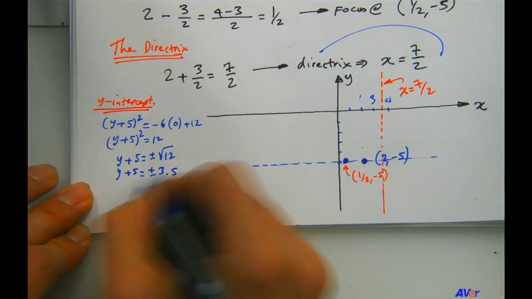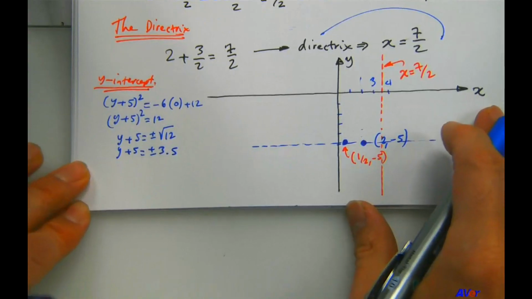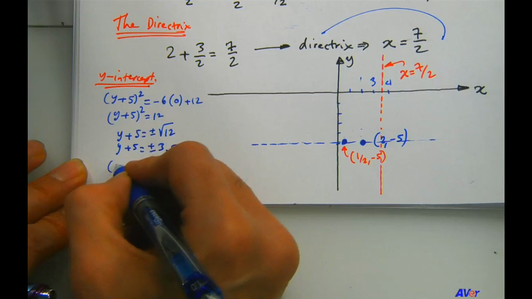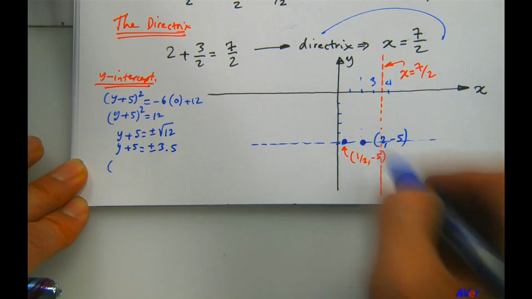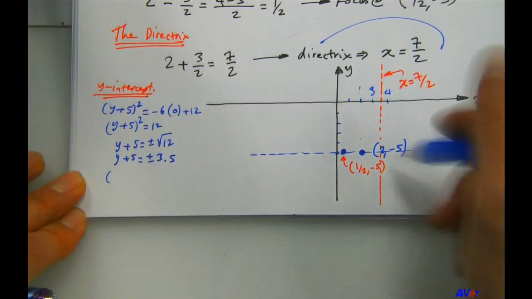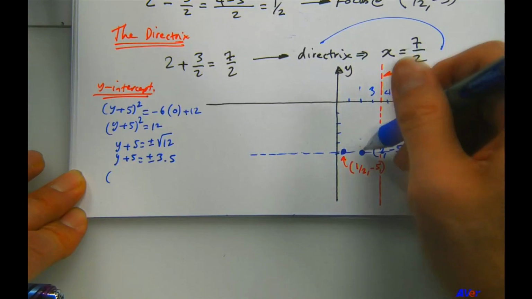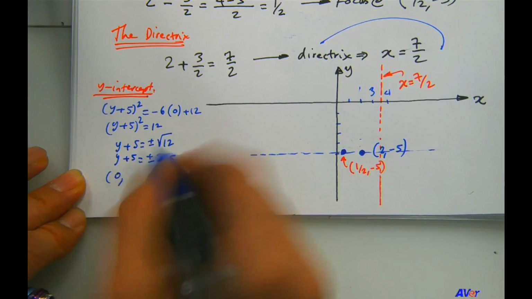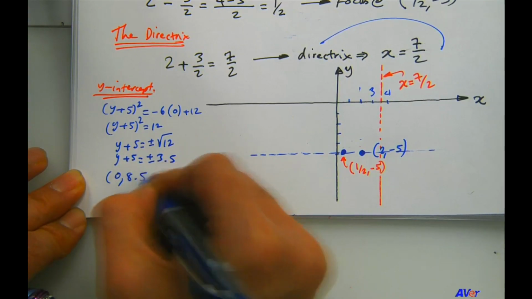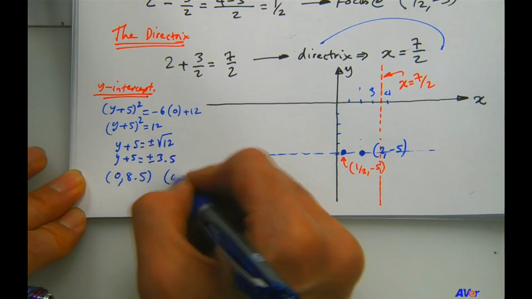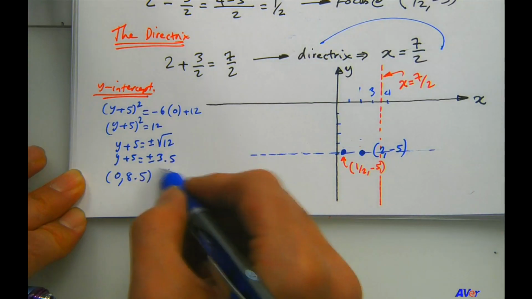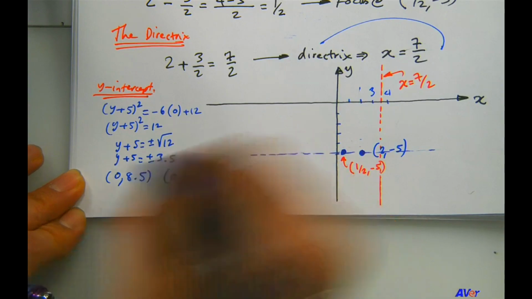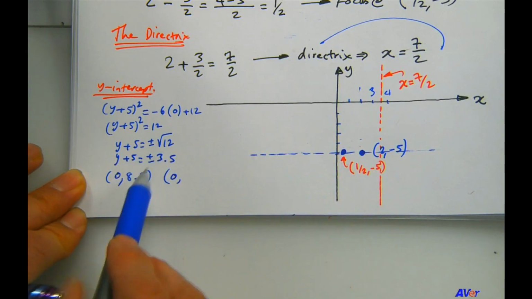So the y-intercepts would be along, so that would be along this right here. So it would be 0 comma 8.5 and 0 comma minus 8.5, right? Let's see, let me make sure that this, no.